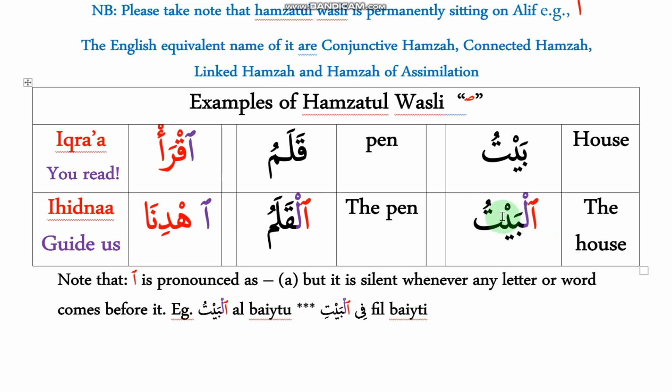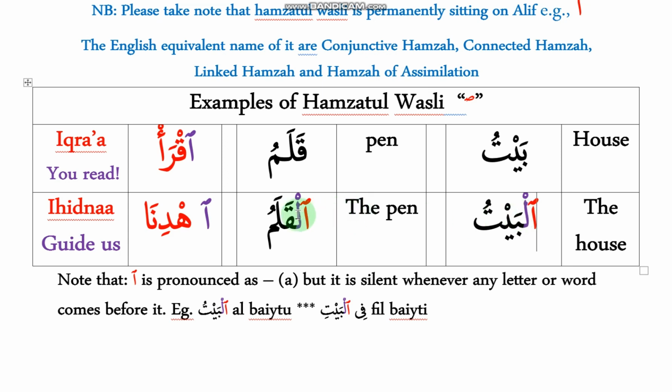But what we want to prove here is that Hamzah al-Wasli is a Hamzah that precedes any proper noun in conjunction with lam. They both work together. Hamzah al-Wasli works with lam mostly. Then we may find a rare case.